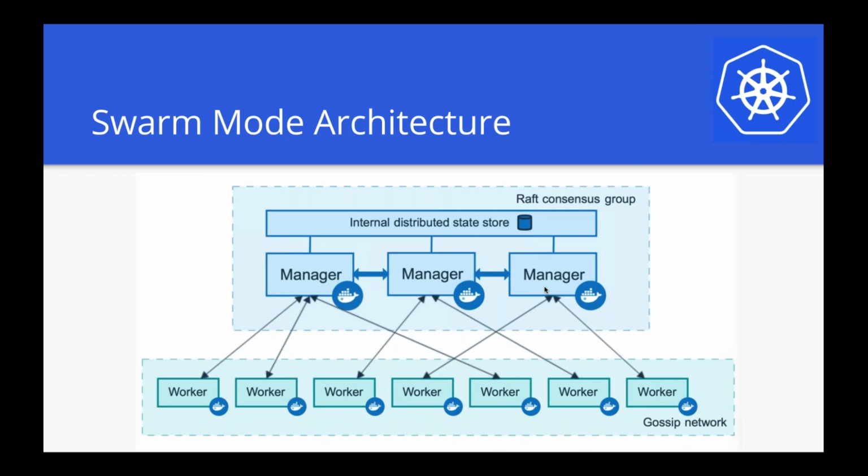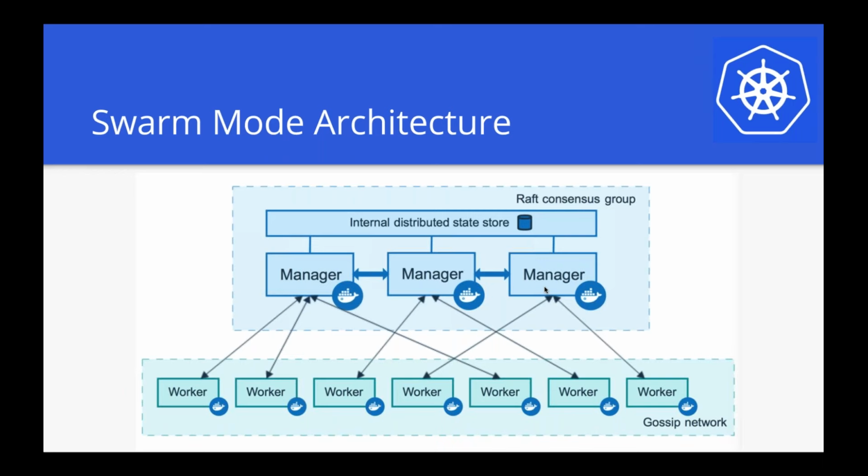But the internal distributed data store is available only to managers to keep the state in sync and also to update them at every event. For example, when a new worker gets joined, the information gets updated in the internal data store. Every time a container is scheduled, the data store gets updated. Every time it is scaled, it gets updated.